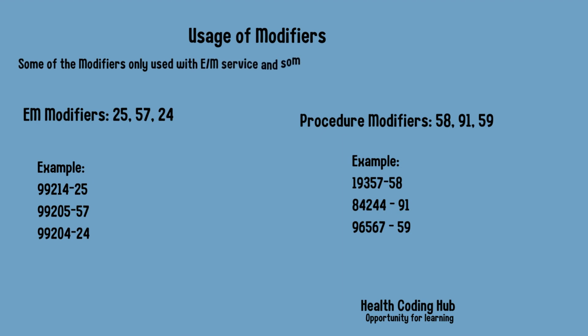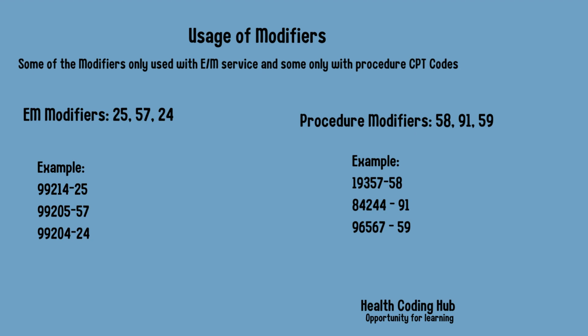Usage of modifiers. As we know, modifiers will be only alphabets or sometimes numbers. One more rule applies here: whenever we use modifiers, they will always be a suffix of the CPT procedure or E&M codes, meaning we assign the modifier after the CPT code.